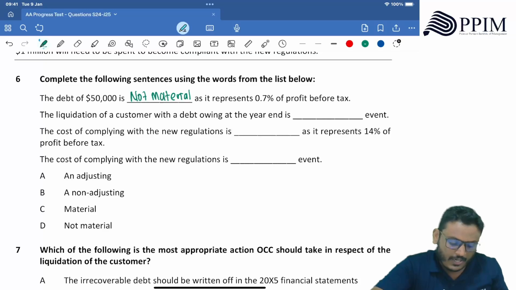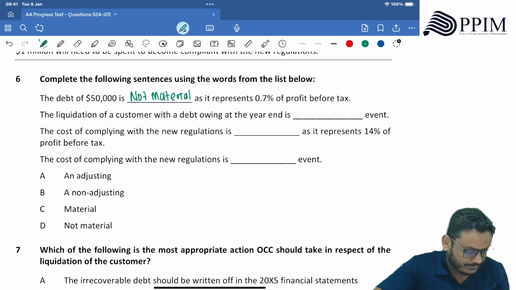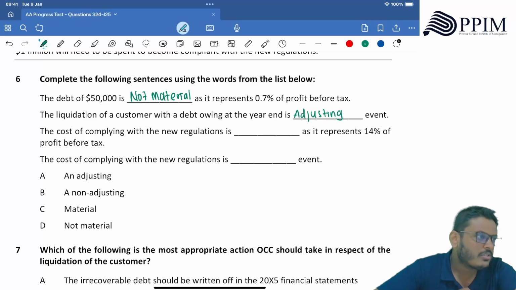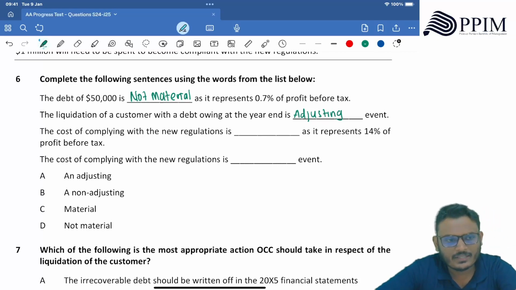The liquidation of a customer with a debt owing at the year end is an adjusting event, because the original condition exists during the financial period.